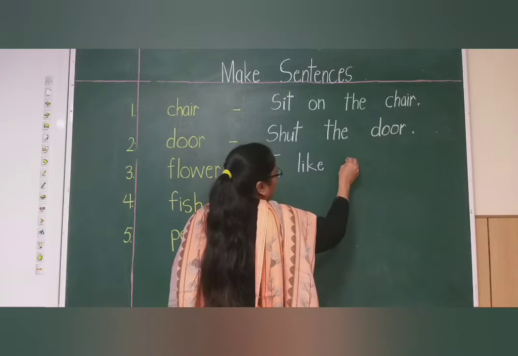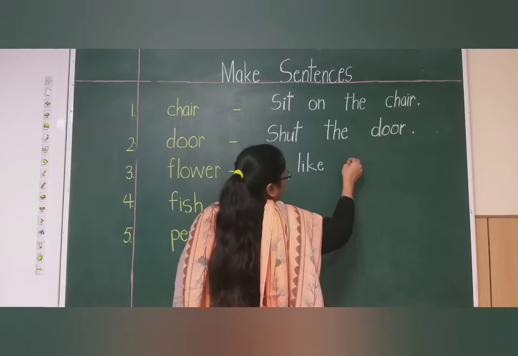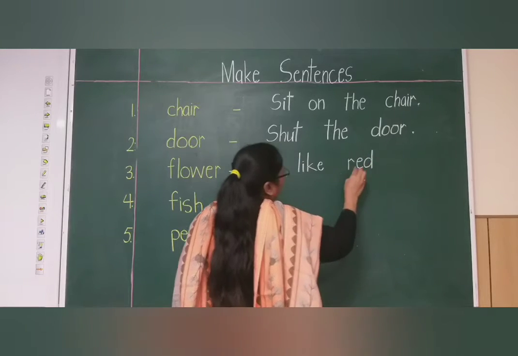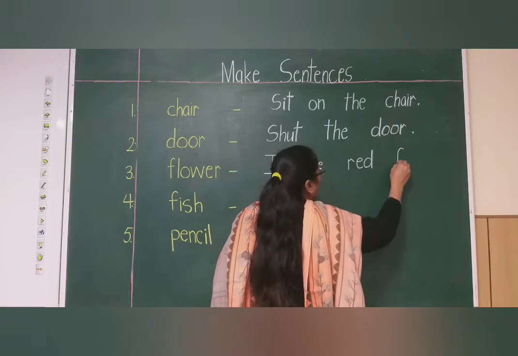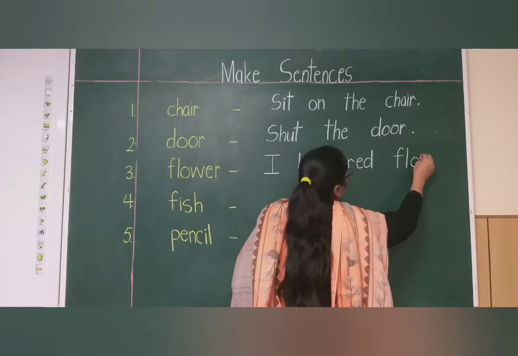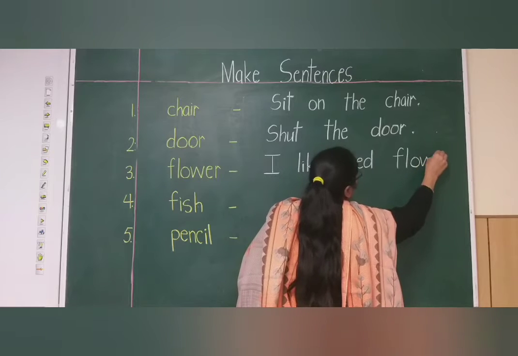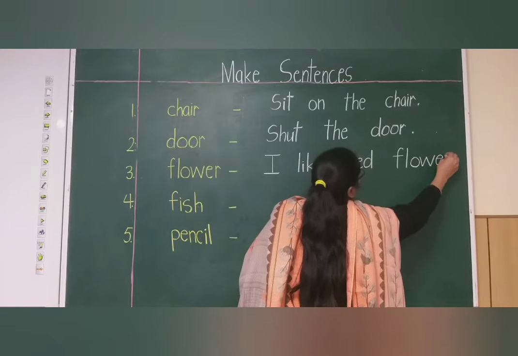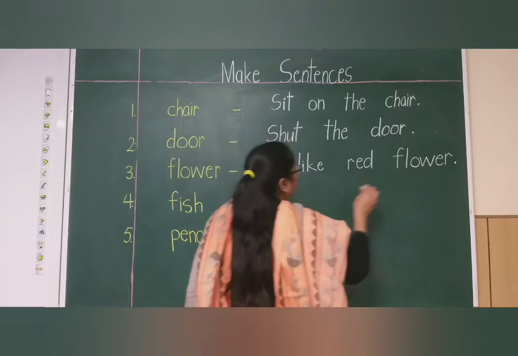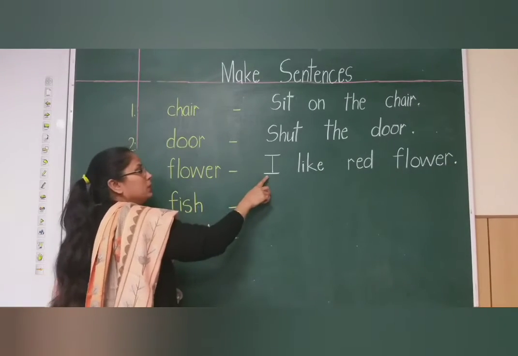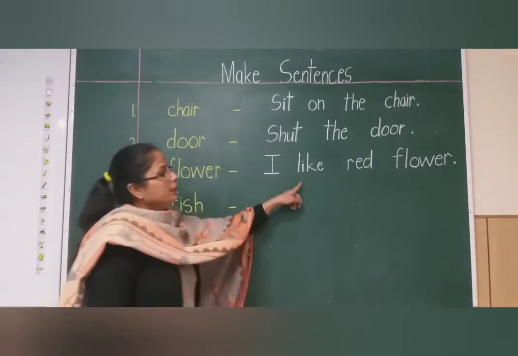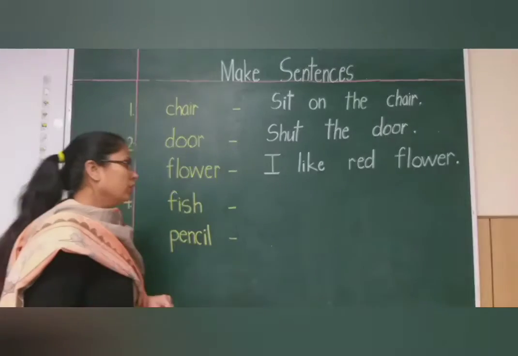But I have written here red. R-E-D, red. I like red flower. F-L-O-W-E-R. And we have to put a full stop at the end of the sentence. And the first letter of the sentence should be capital. I like red flower.